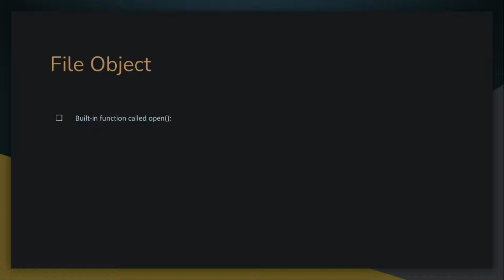This is a function that opens a file. We're going to discuss the format of this open function, because you want to be able to open any file that contains any contents.